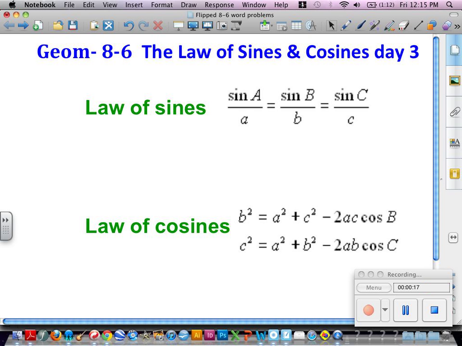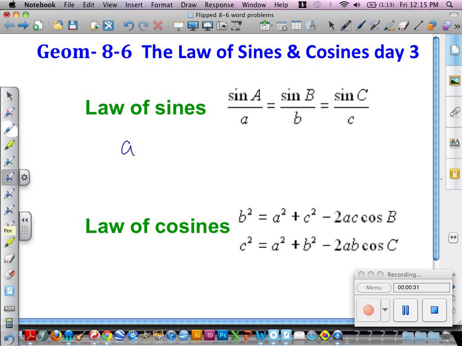Let's review the law of sines. You already have that on your paper. Right now, pause the video and write down when you would use the law of sines. All right? The law of sines is used when you have an angle and a side opposite relationship going.